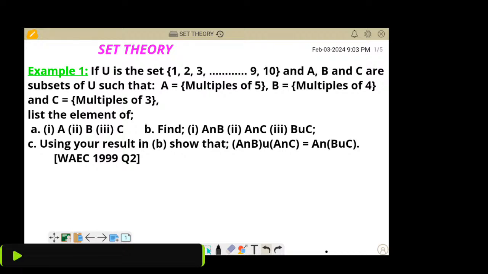This is part of what you will have done in probably your year 10, that is SS1 class. But if you cannot remember all this, I would recommend that you pick up a new general mathematics SS1 and check the topic, set theory 1. You're going to see all these symbols, all these set notations there, and the functions they perform.